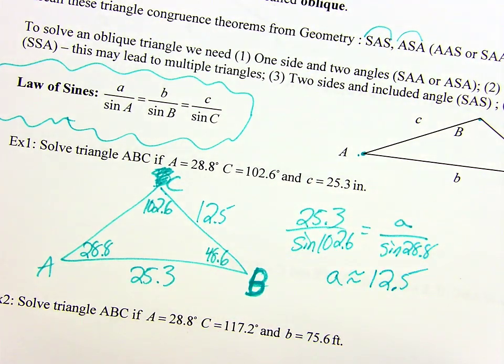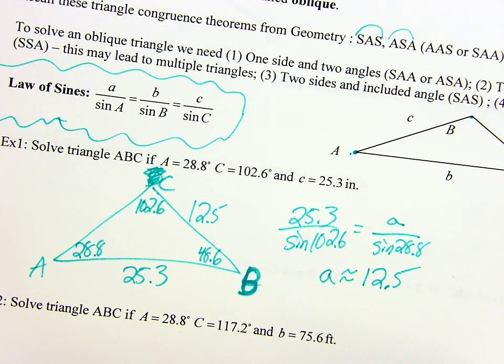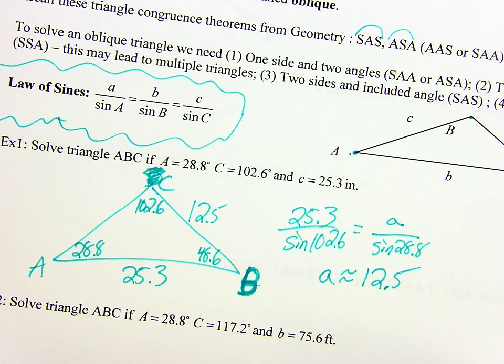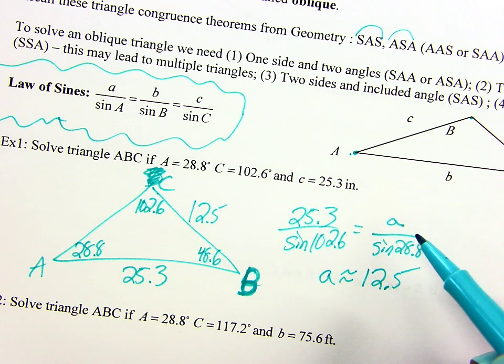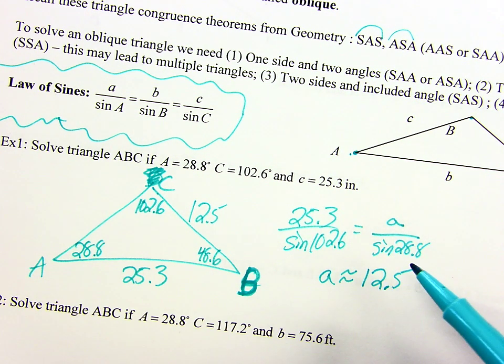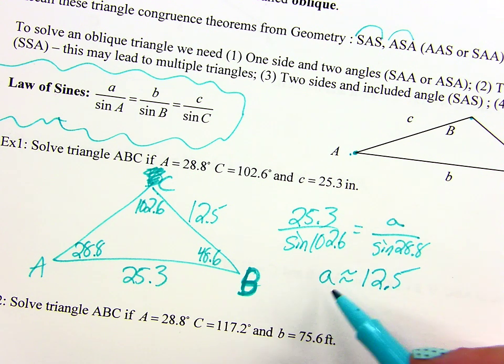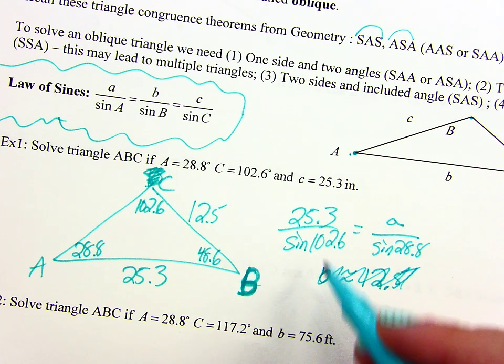Can you show the process of cross multiplying? This isn't a right triangle. Remember you multiply your diagonals and set them equal to each other. Yes, I will show you.